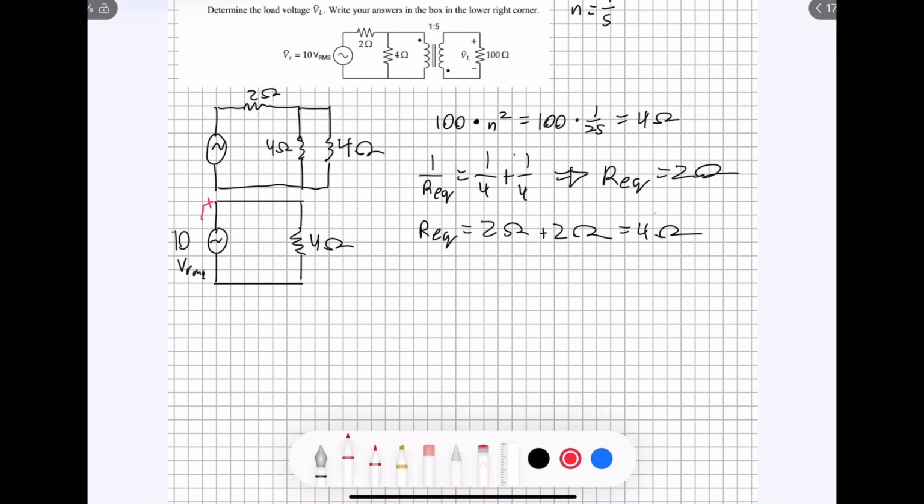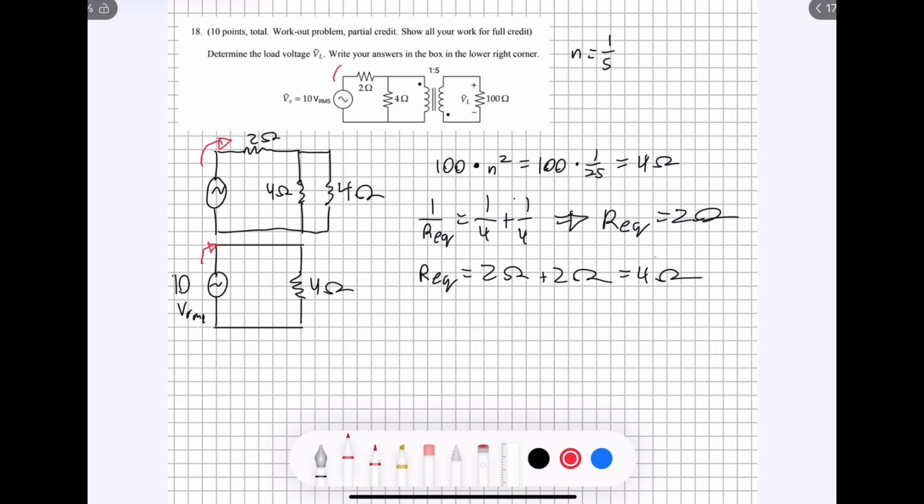It would be the same current going through there and up here. I'm going to call this I1. From Ohm's law, I is equal to V divided by R, which in this case is 10 divided by 4, and that gives us 2.5 RMS amps.